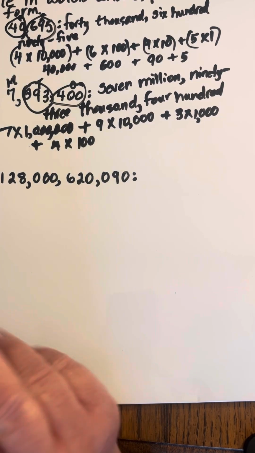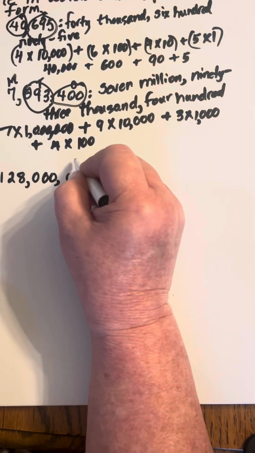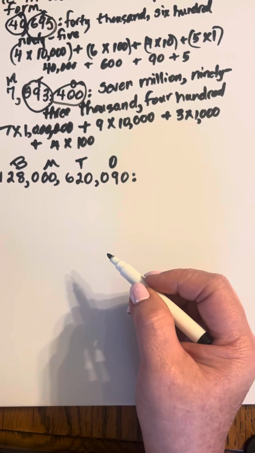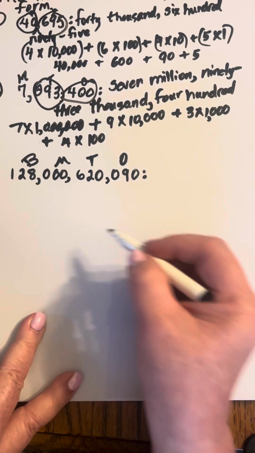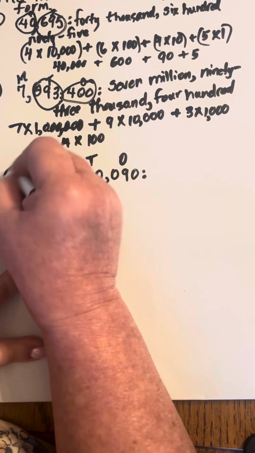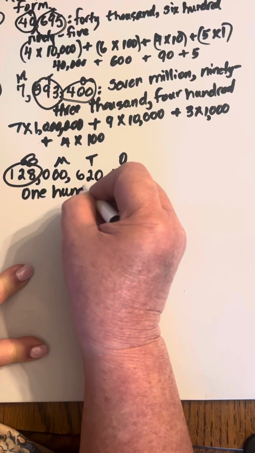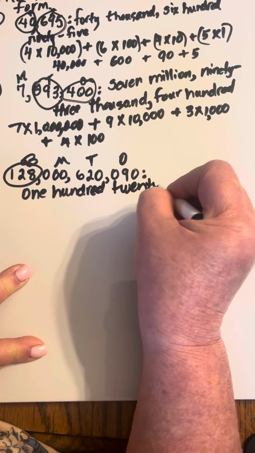Okay, 5th grade goes up to billions. So let's go through ones, thousands, millions, and billions. Again, make it simple. Just read to the comma. That's the easiest way in the world to do these problems. So look at that. 128. 128, we're at a comma.